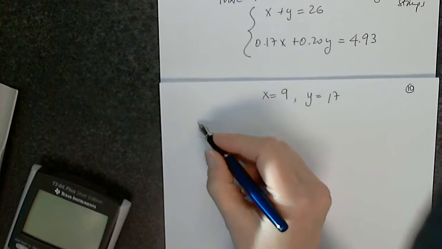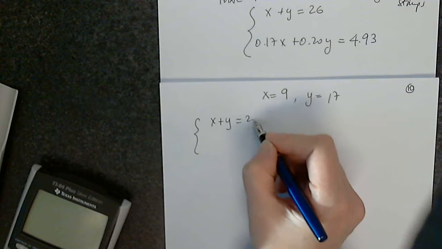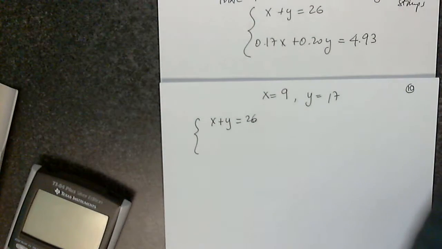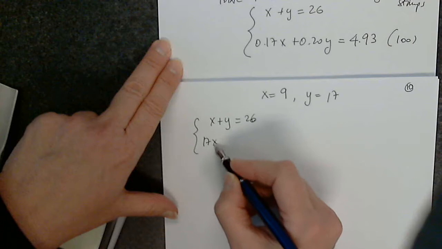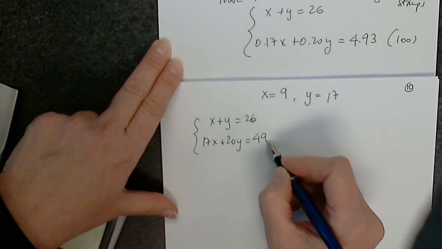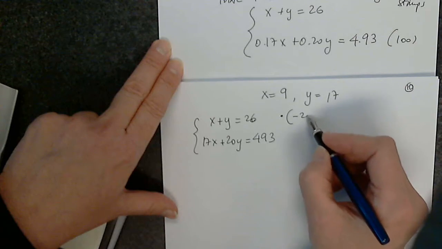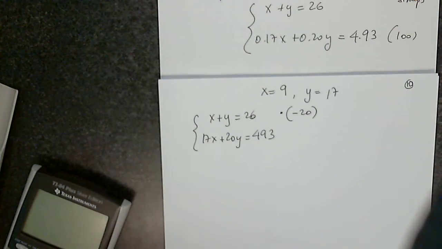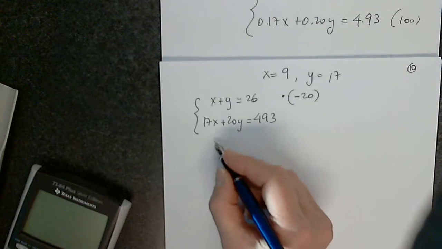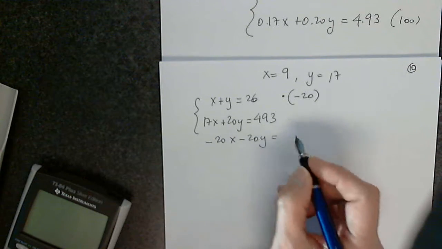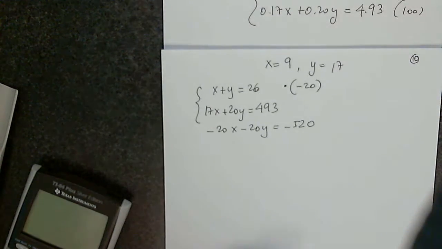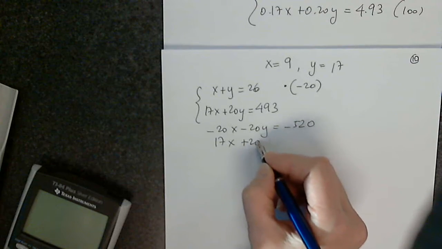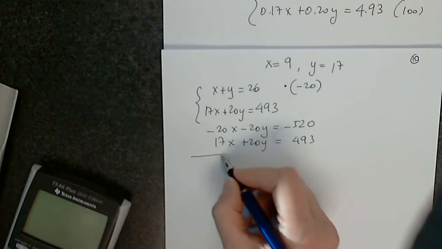So what I would do is write x plus y equals 26. And then I will multiply the second one both sides by 100. So I have 17x plus 20y equals 493. I will multiply then the first one by negative 20. And then I have negative 20x, negative 20y equals negative 520. I copy 17x plus 20y equals 493.